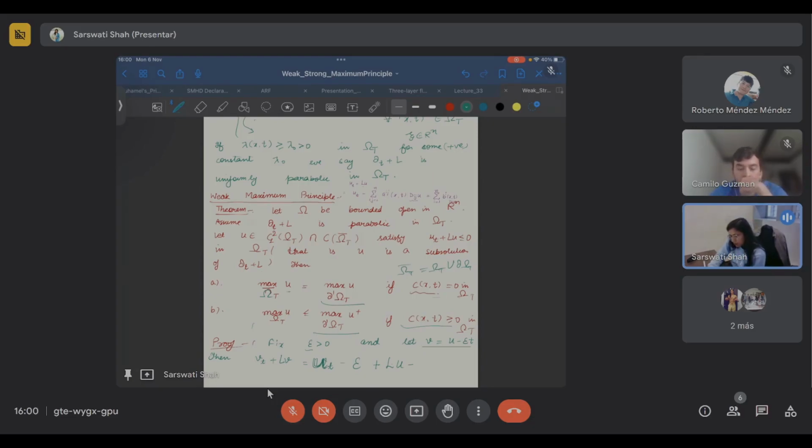The Laplacian of v will be simply the Laplacian of u, because this is the time derivative. And since we know that u is a solution of this operator del t plus L, so u_t plus Lu will be 0, isn't it?